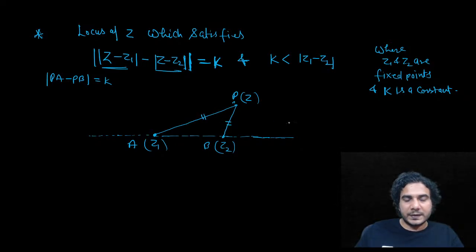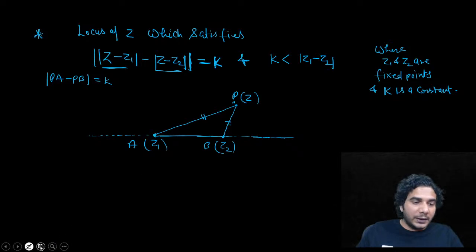Difference of these two distances, and mod of that. PA might be greater than PB, or PB might be greater than PA, and it is equal to K. The difference of distances is K, and K is less than AB. That means a triangle can be formed, because the difference of two sides is less than the third side. So yes, a triangle will form.